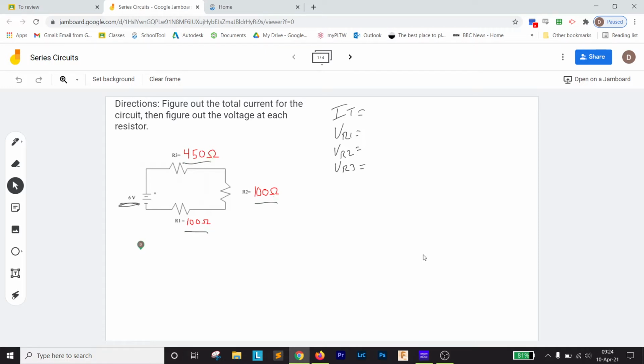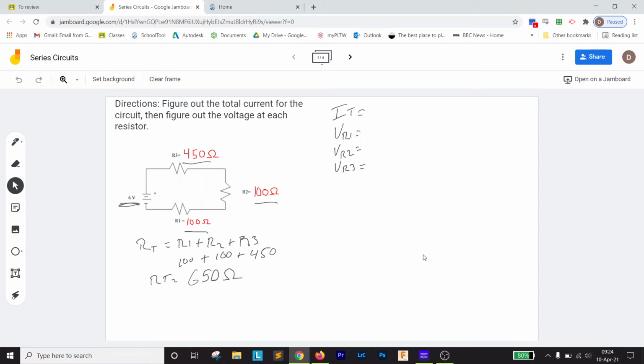So R total equals R1 plus R2 plus R3, which is 100 plus 100 plus 450, which is going to give us an R total of 650. So that's the R total.